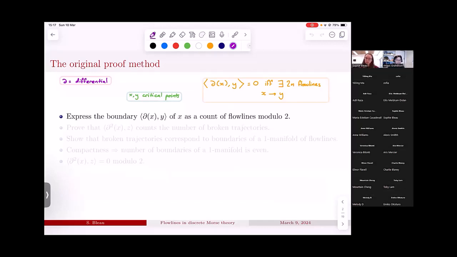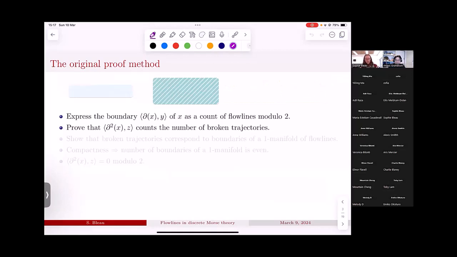We only count modulo 2, so if there is an even number of these, then we're done, it's 0, we're happy. So as you might expect, the square of this differential is still looking at critical x and z, but passing through some critical y. And we call that a broken trajectory. You can imagine breaking it into two paths.